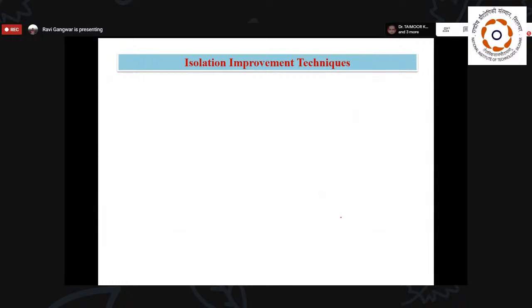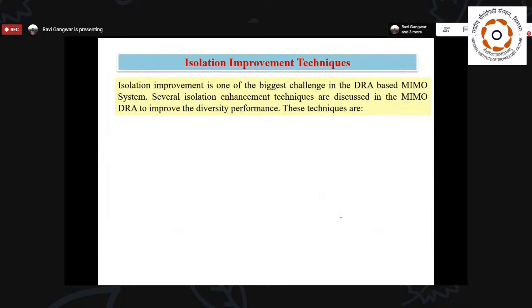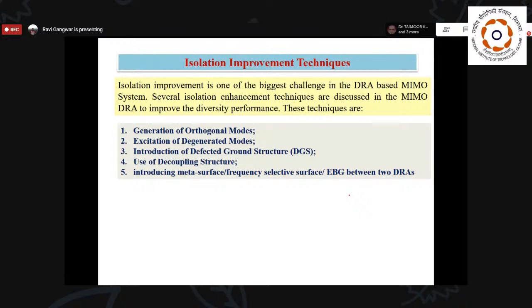Now, the isolation improvement techniques. Here our task is to design our MIMO antenna system in such a manner that we are able to improve the isolation values, so that we get better MIMO performance. In the literature, we have five most important techniques with the help of which we can improve the MIMO or diversity performance of MIMO antenna systems.